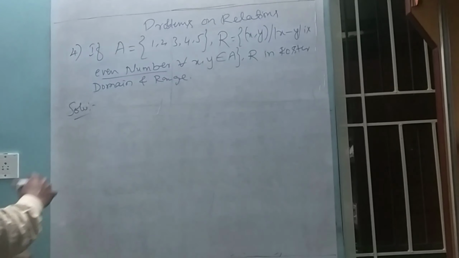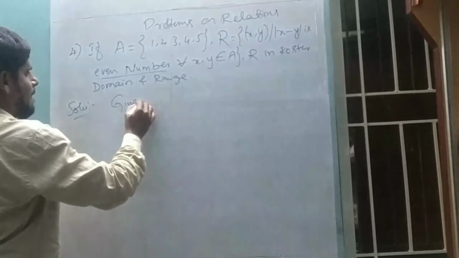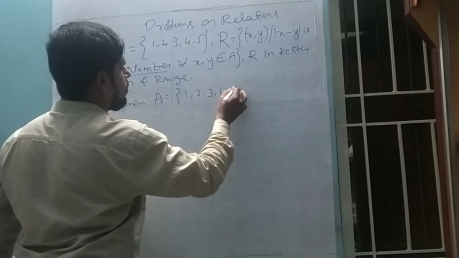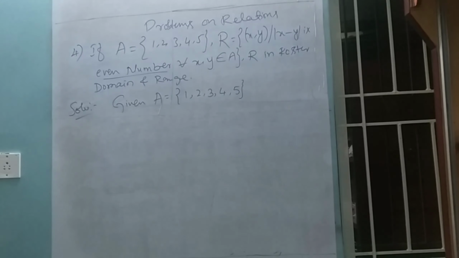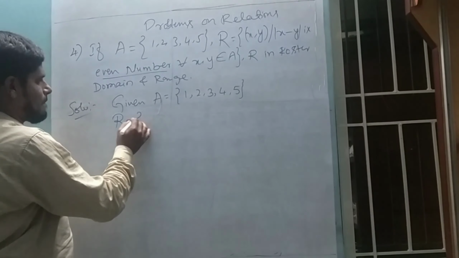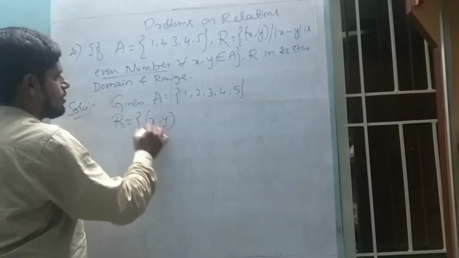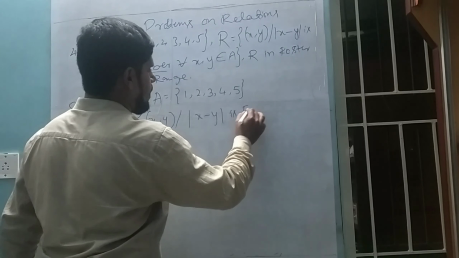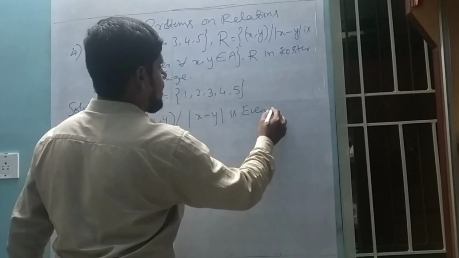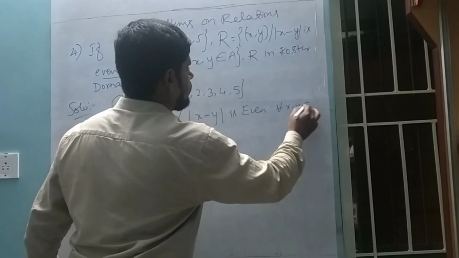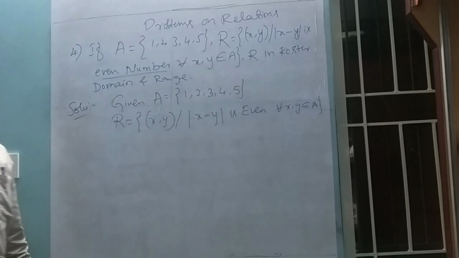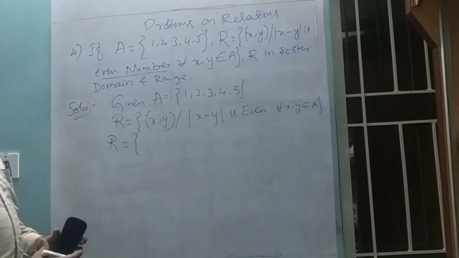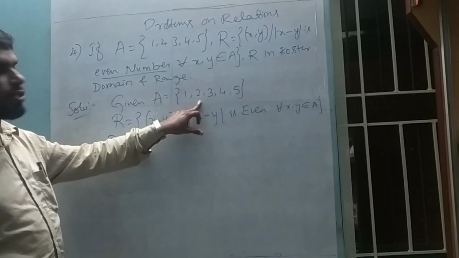Solution. Given set A equals 1, 2, 3, 4, 5. Clearly it is given set A, and the relation is x comma y such that mod of x minus y is even for all x comma y belongs to set A. Okay, then I will write the relation R. 1 minus 2 is 1.